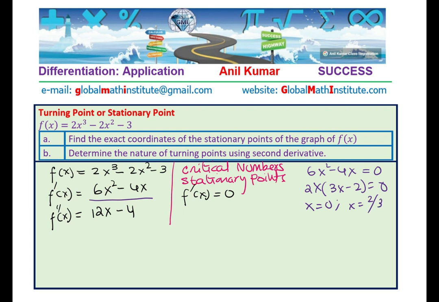So once you find these points, then basically you have to plug them into the second derivative. So let me call the points a and b, right? If I plug in a, and if it is greater than 0, that means it represents a minimum.